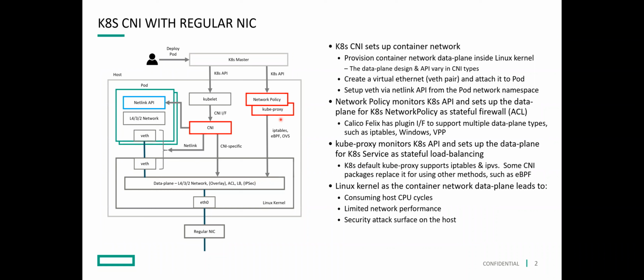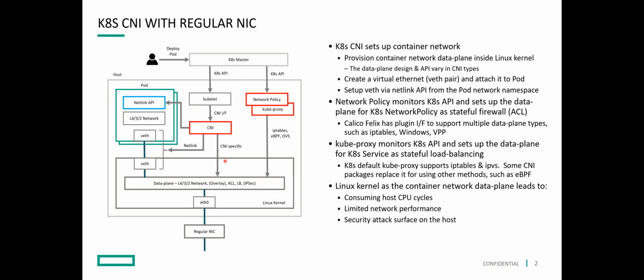It supports two types, iptables and IPVS, as the data plane type. And some CNIs replace it with their own kube-proxy using other methods, such as eBPF, for better performance. So there are multiple types and multiple designs.